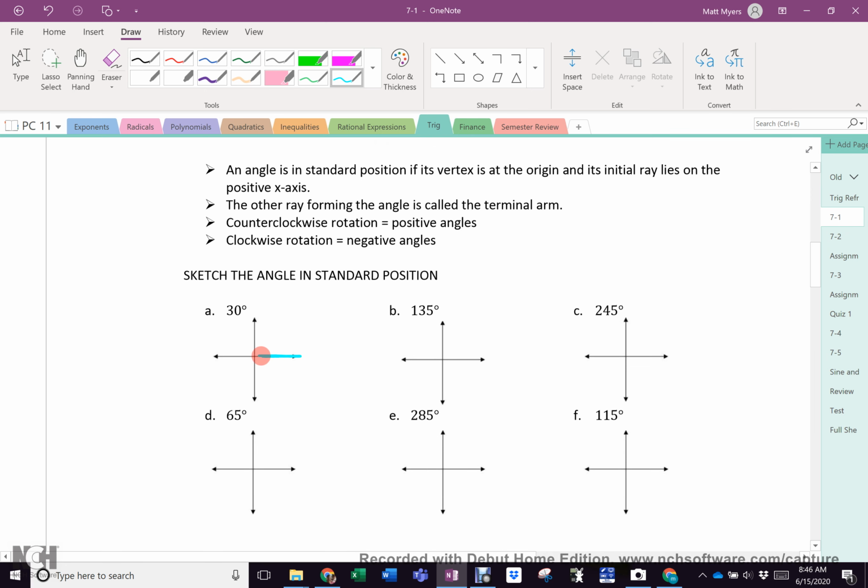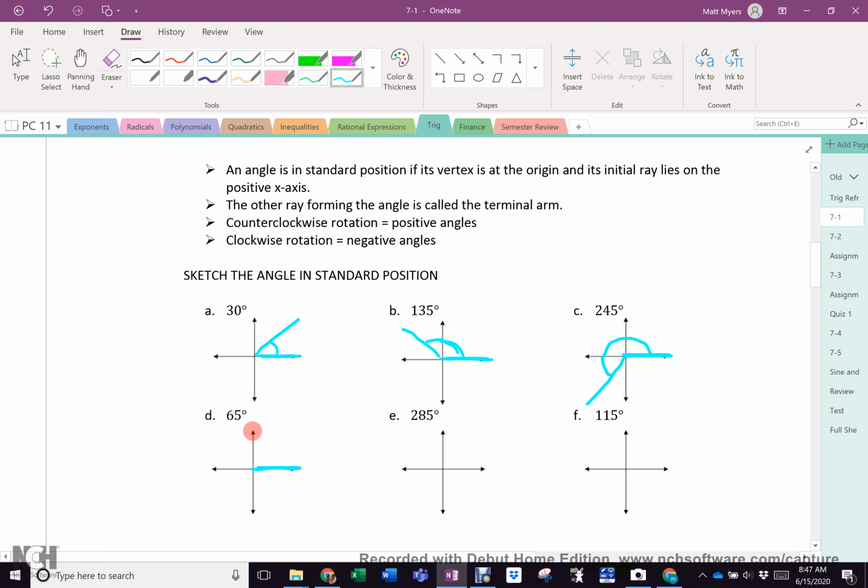Well, it always starts along here, positive 30. So I'm going to go up 30 into there. Positive. How far is that? 90. Then I got to go over to here. There's 135. 90, 180, 245.